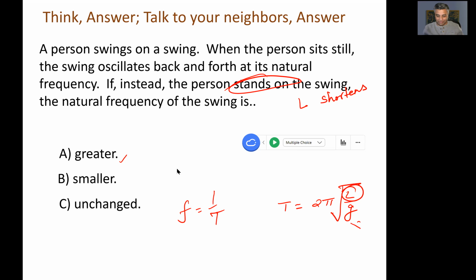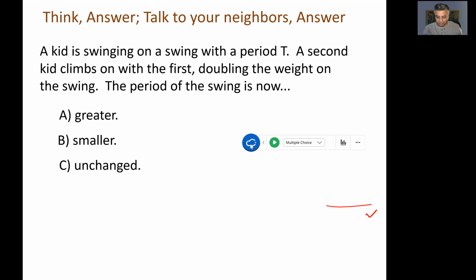One more question. And you have a minute to answer this. So this time is a period.